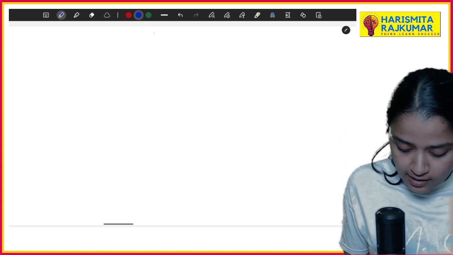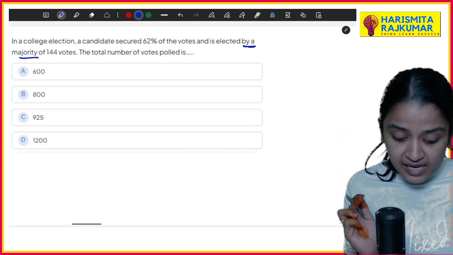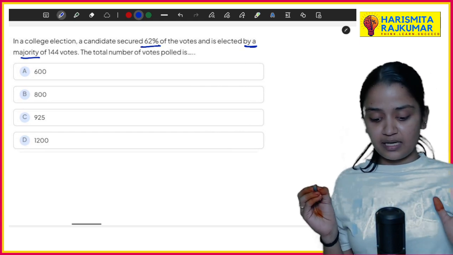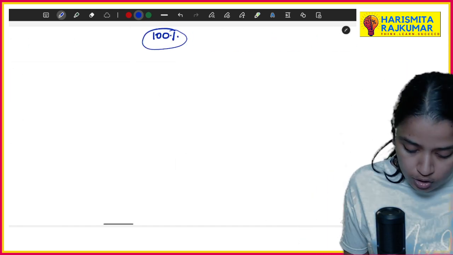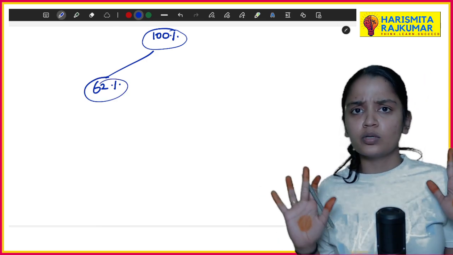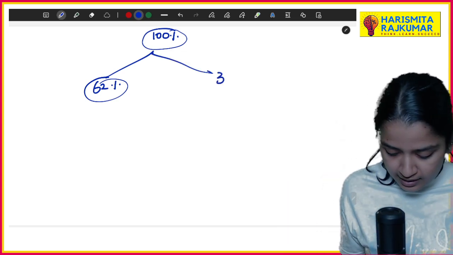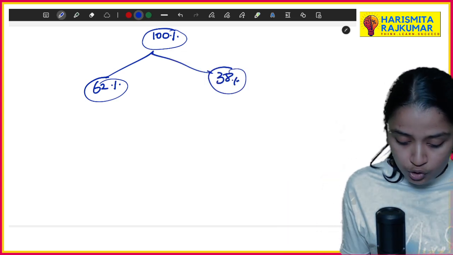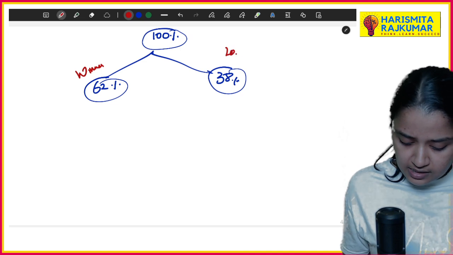So let us assume the total number of votes as 100%. In that, 62% of the votes is secured by the candidate. The winner definitely got the majority of votes, right? That you understood. So the remaining is 38%, and by this you can understand that this is the winner and this is the loser.